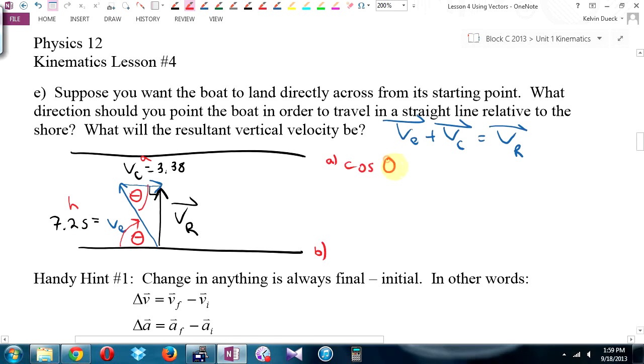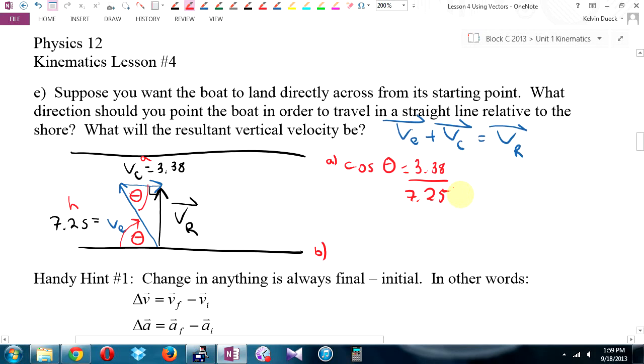Cosine of theta equals 3.38 all over 7.25. See, Cliff, I think you'll be right if we get an answer of 65 degrees or 25 degrees, like in the previous situation. I don't think we're going to.